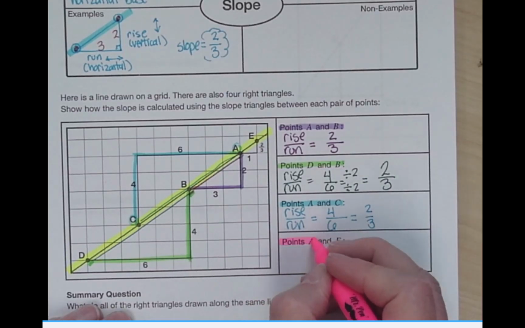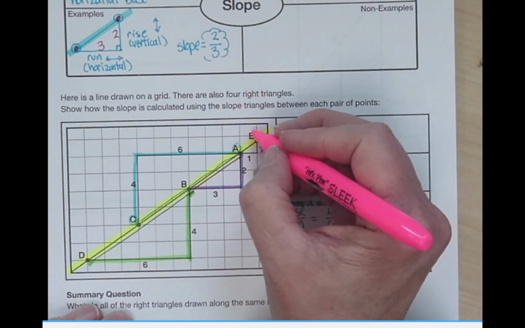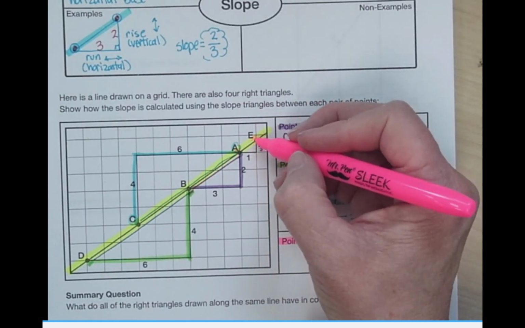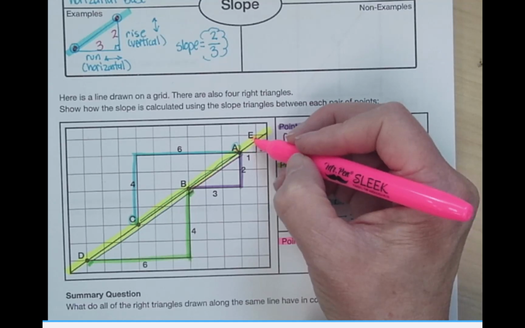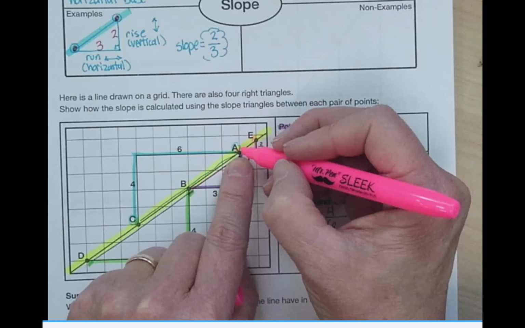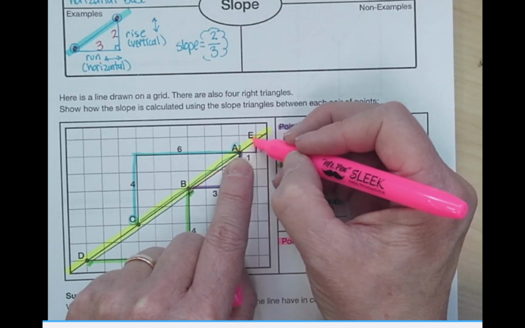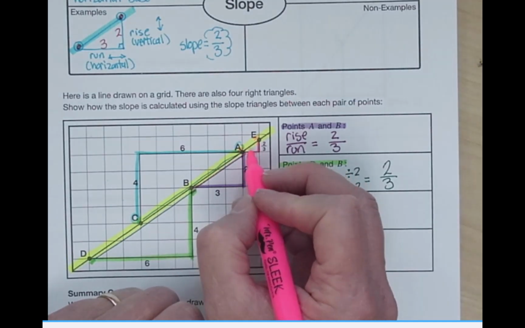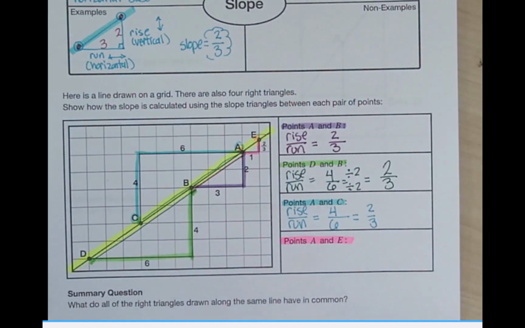The distance between points A and E. Here's E, here's A. So one last time, we're going to find the rise, like how far do you have to travel to get from A to E or from E to A, up and down. The rise is 2/3, and this horizontal distance, the run, is 1 unit.